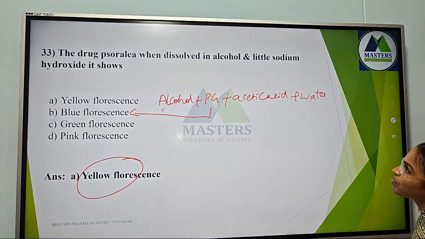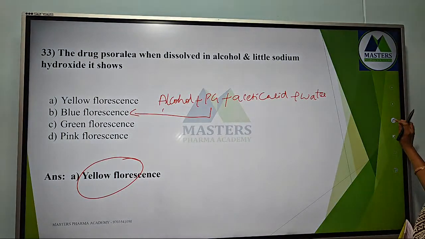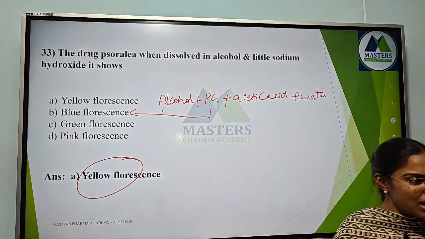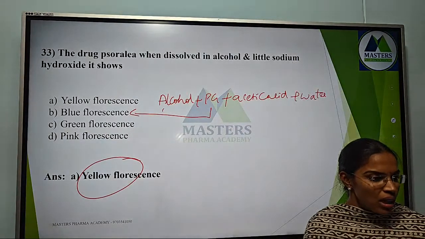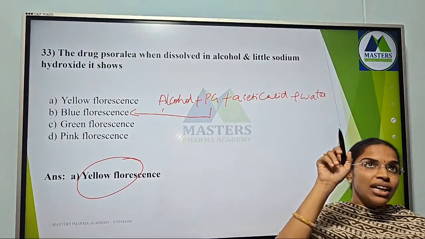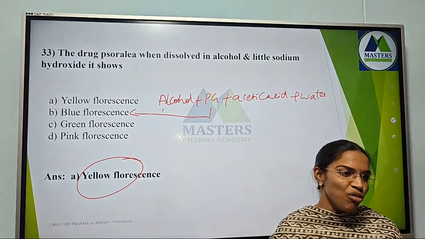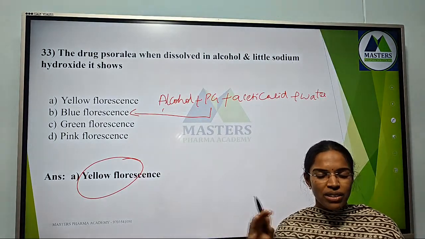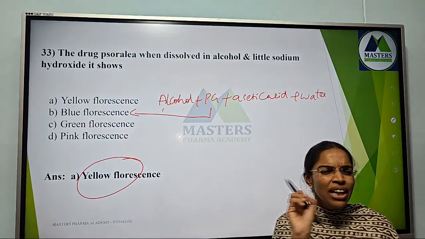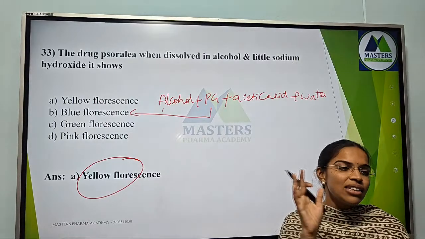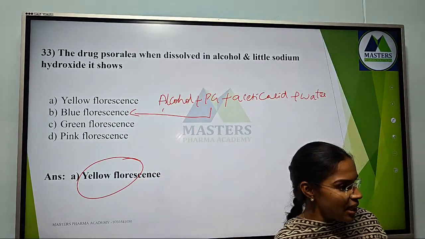When Psoralea is kept with sodium hydroxide aside for some time, it gives a slight yellow color, right? So remember, sodium hydroxide will give yellow fluorescence.